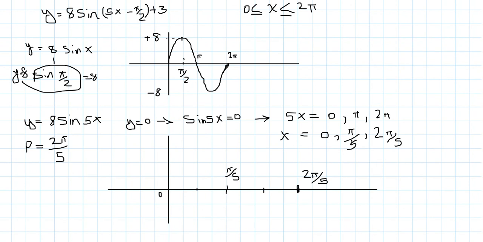How? By saying pi over 5, mid of them. Pi over 5 divided by 2 is pi over 10. Let's write it better, pi over 10, and here if pi over 5 plus 2 pi over 5 is divided by 2, I will have 3 pi over 10.